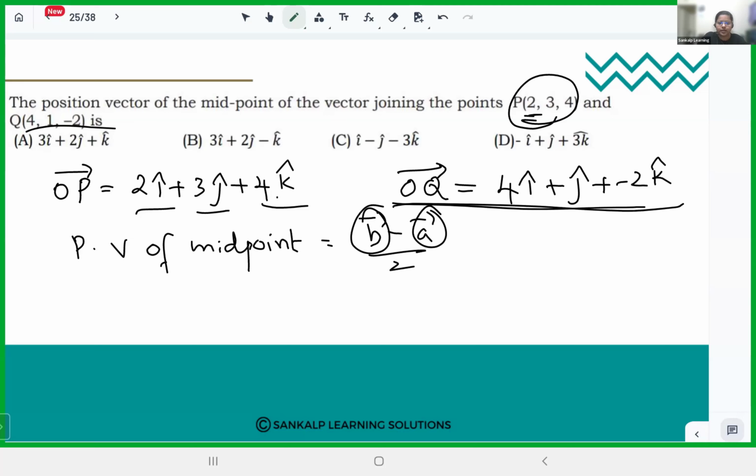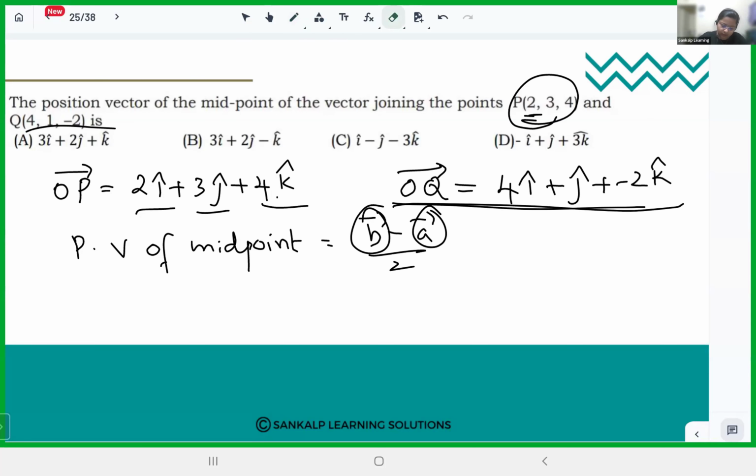There will be a direction for the vector, right? If it is defined from P to Q, then you have to first consider the position vector of the point Q. So that is OQ here. I'm really sorry. It is of midpoint, right? Midpoint means you have to add two vectors, isn't it?